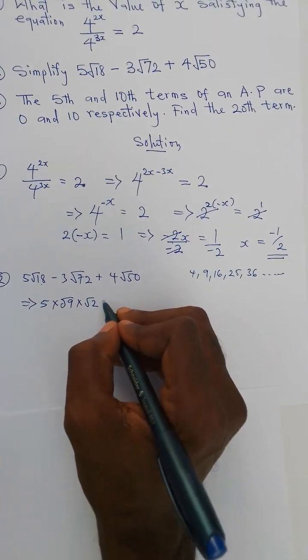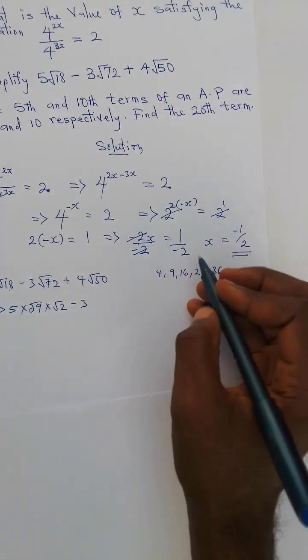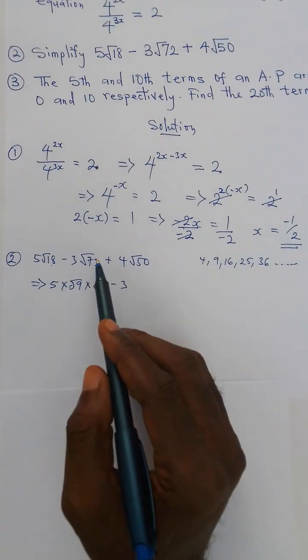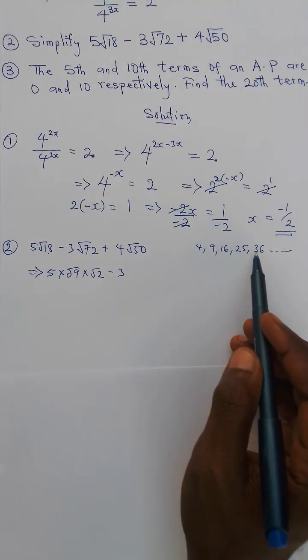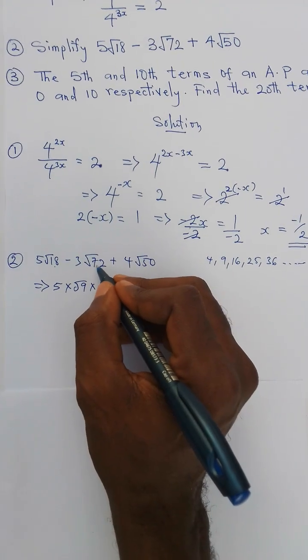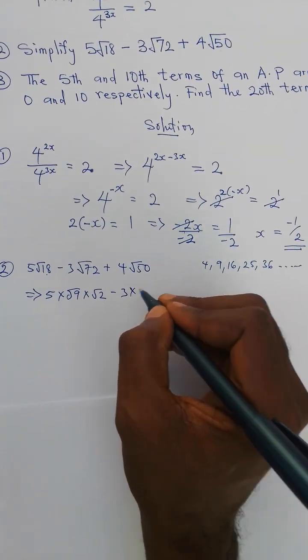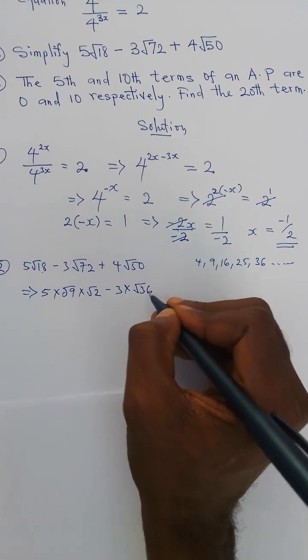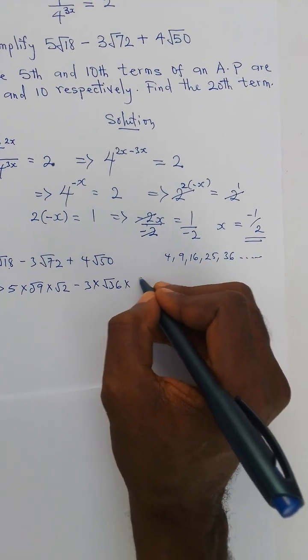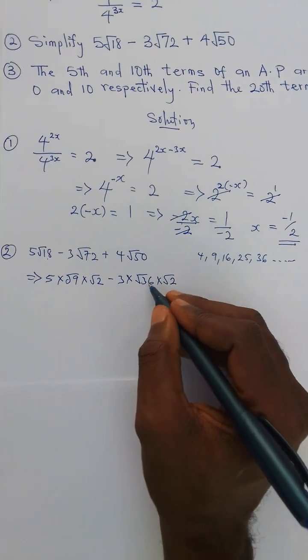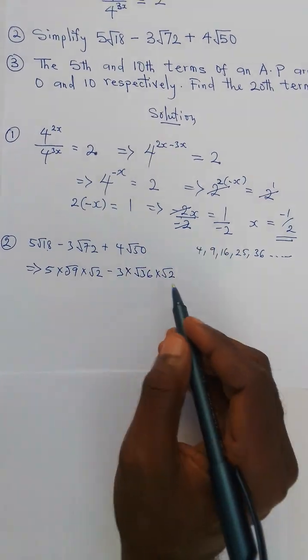Then minus 3. Now, which of these perfect squares can go into 72? That's 36. So we'll split this root 72 to be root 36 times root 2. 36 goes into 72 2 times.